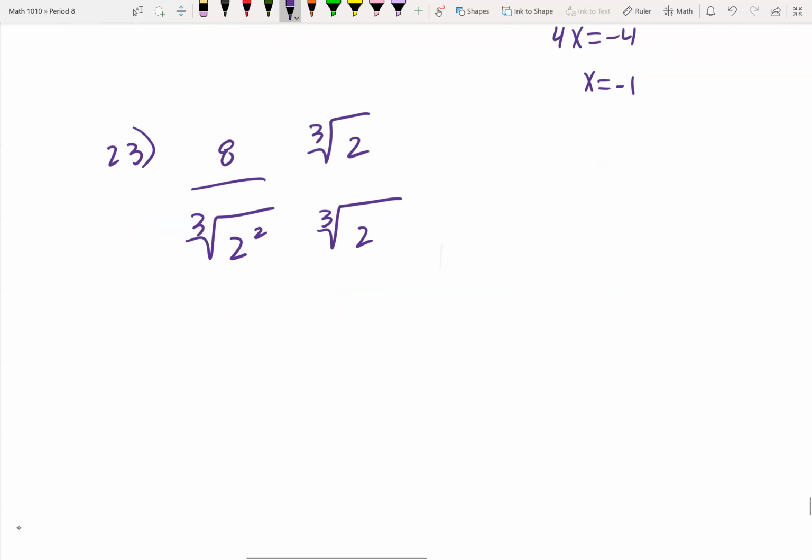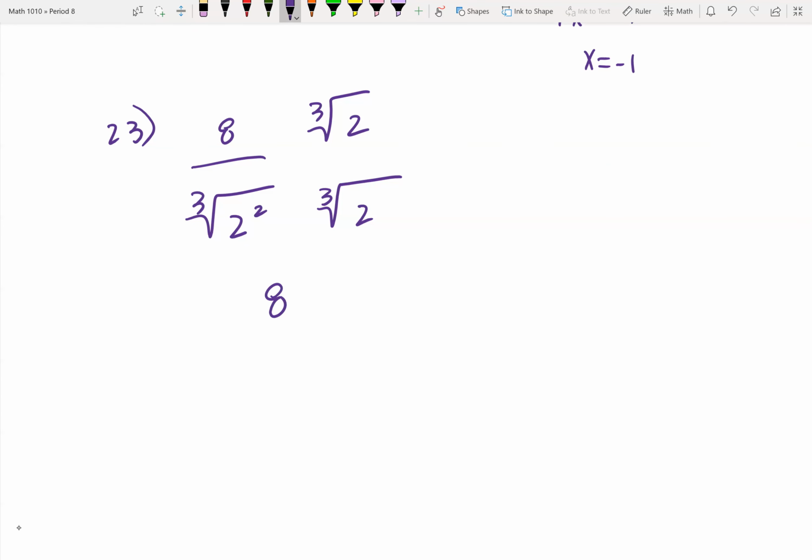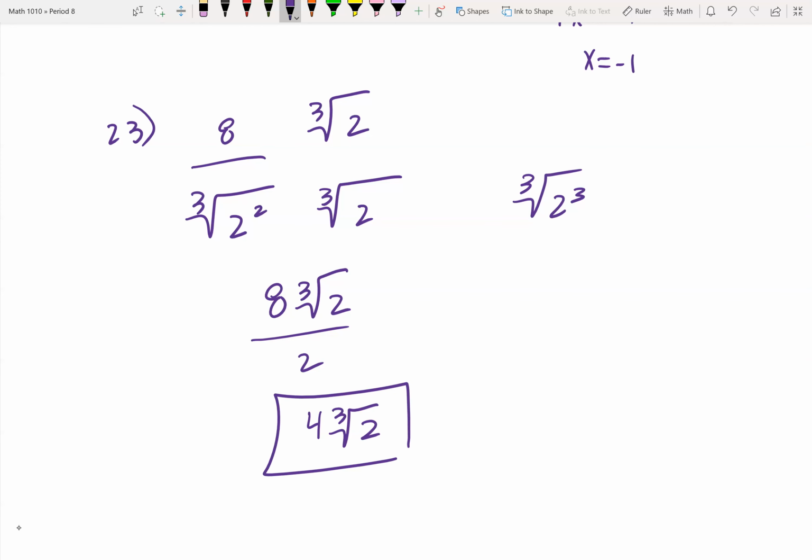So I'm going to multiply top and bottom by the cube root of 2. Then I get 8 times the cube root of 2. I have 3 2's on the inside. So on the bottom I have the cube root of 2 to the third. So those 3 2's come out as a single 2. It looks like that. Then 8 over 2 reduces, so the answer is 4 cube root of 2.